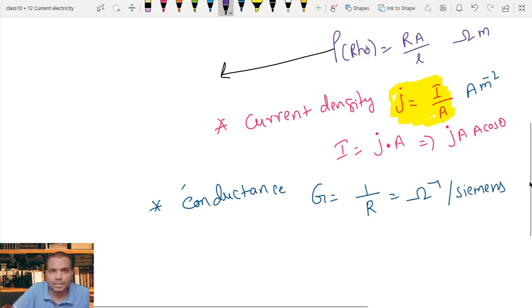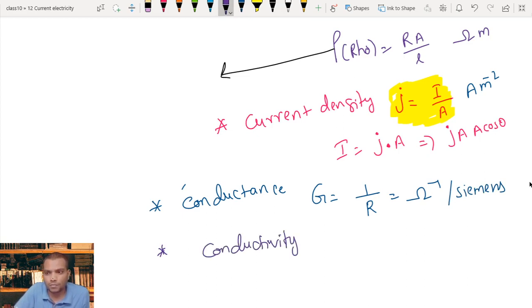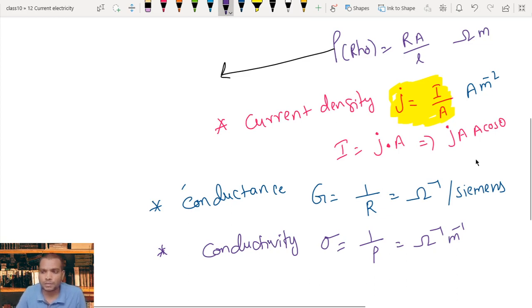After conductance, we defined conductivity. The reciprocal of resistivity we define as conductivity, shown as sigma. Its units are ohm inverse meter inverse.